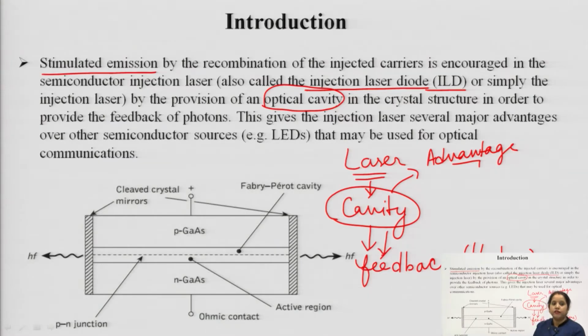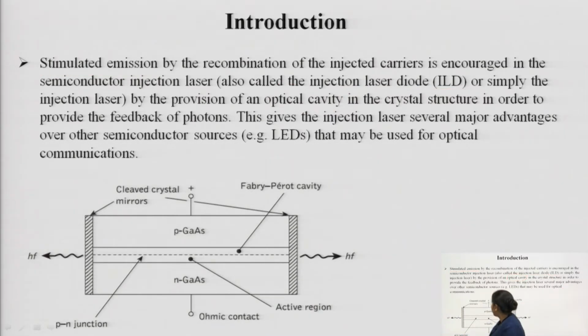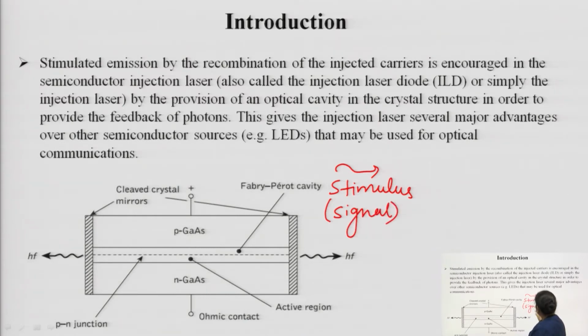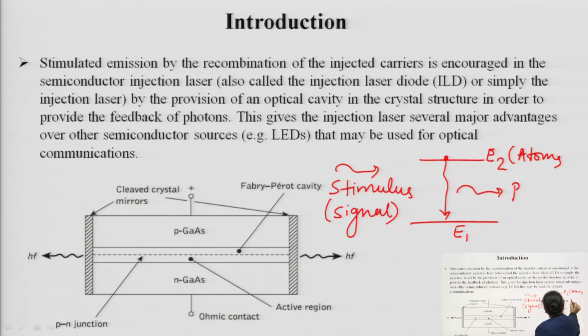What we have already studied previously in stimulated emission is that we provide a stimulus, in the form of a signal, so that electrons, or we can say atoms, at the higher level E2 get dropped into the lower level E1, and in this process it emits photons.